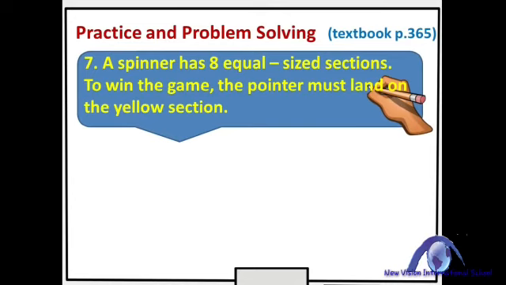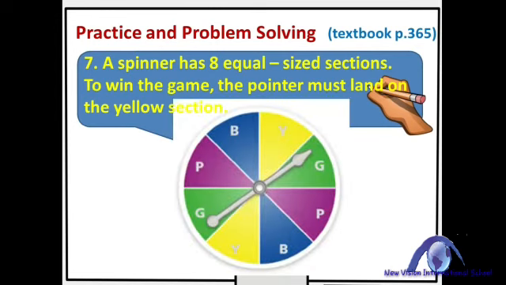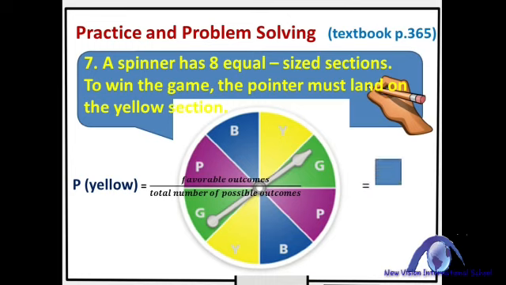Number 7. A spinner has 8 equal-sized sections. To win the game, the pointer must land on the yellow section. The probability of the pointer landing on the yellow section is equal to the favorable outcomes divided by the total number of possible outcomes.